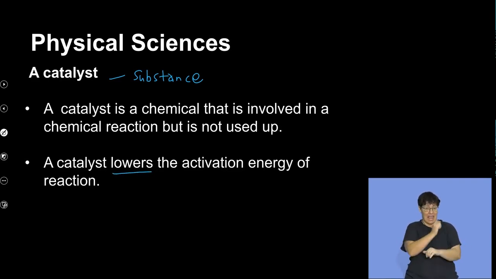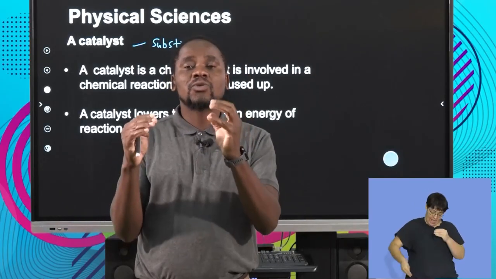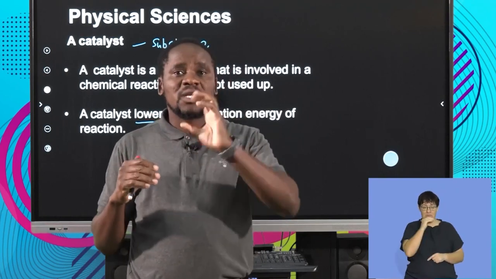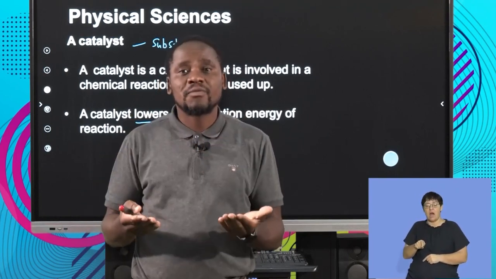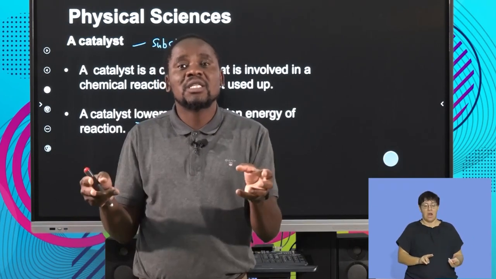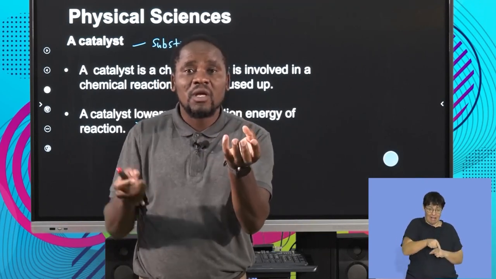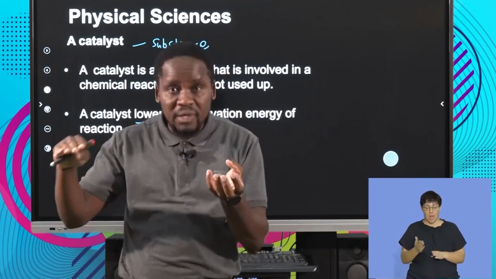If we have a catalyzed reaction, we have added a chemical substance that will provide an alternative pathway for that same reaction to take place, but this catalyst does not get used up. So the amount of catalyst before and after the chemical change remains the same.